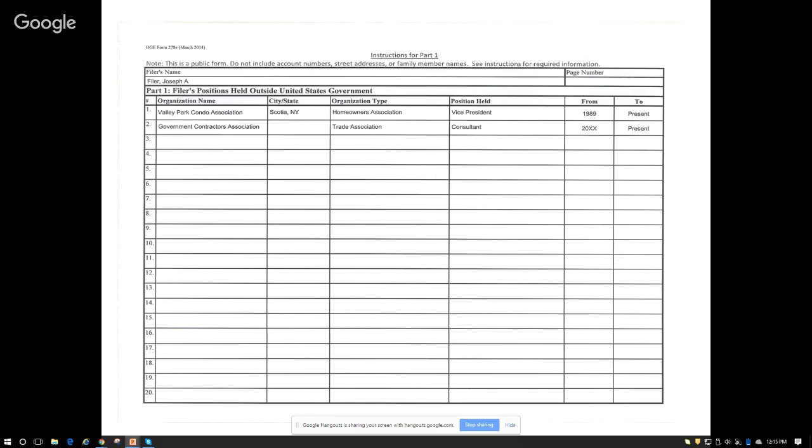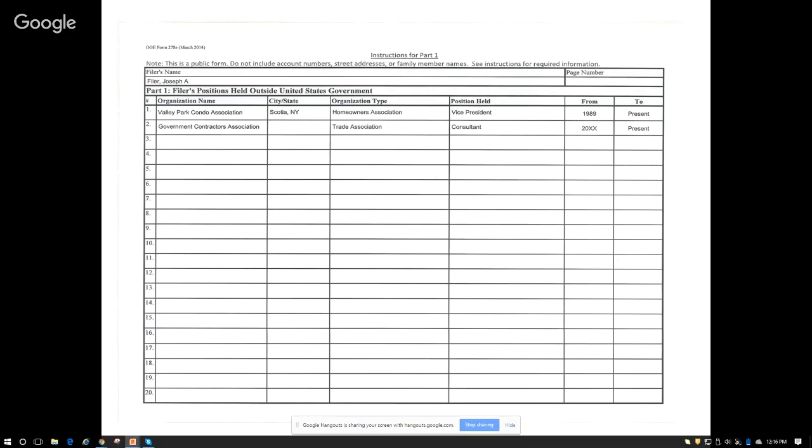Second off, we will probably need to get with the filer and everybody else involved in the chain of command to remedy this, probably by resigning from his outside position. Conversely, if this outside position is a part of the filer's official duties, then it was not reportable in the first place and is not an ethics concern.